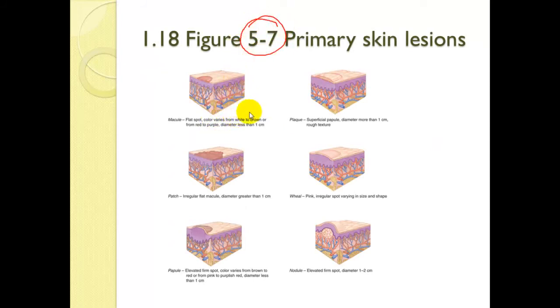So in the future, if someone tells you that you have a maculopapular rash, a macula is a flat spot, color varies from white to brown, and then a papule is an elevated firm spot that varies from brown to red or from pink to purplish red, diameter less than 1 centimeter. So if it has both of these characteristics, then it would be considered a maculopapular rash.